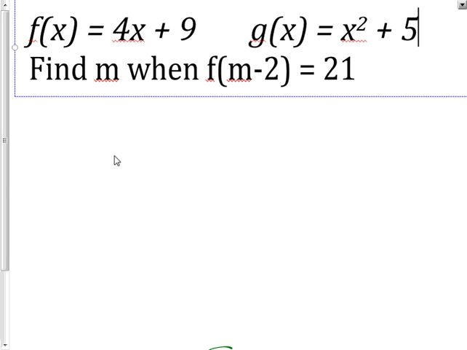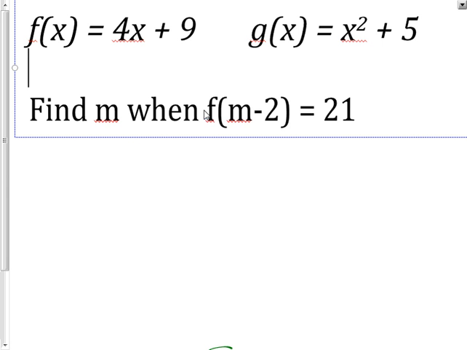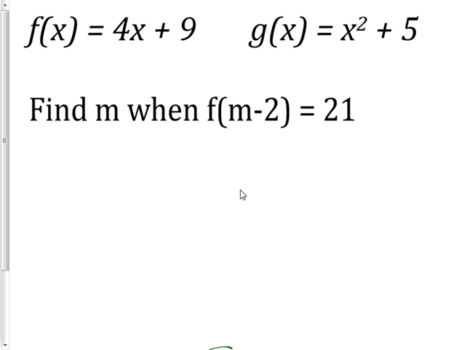Find m. I'll leave a little space in there. Find m when f of m minus 2 equals 21. Okay, did they tell me an x or did they tell me a y? They told me the y is 21. Did they tell me what to put in for x? Yes, they did. They told me to put that in for x, and they told me to put that in for y.